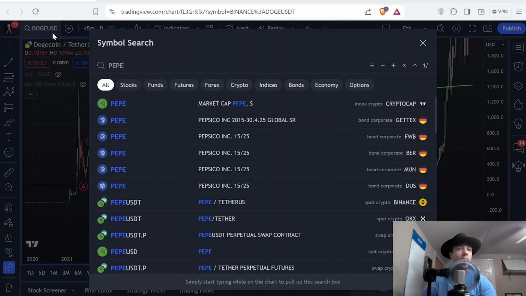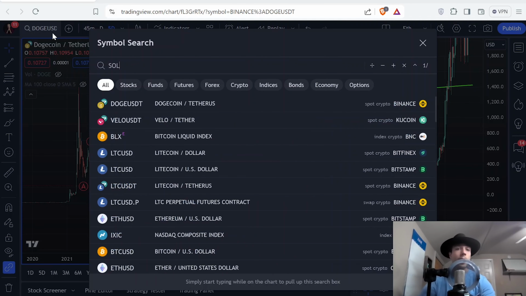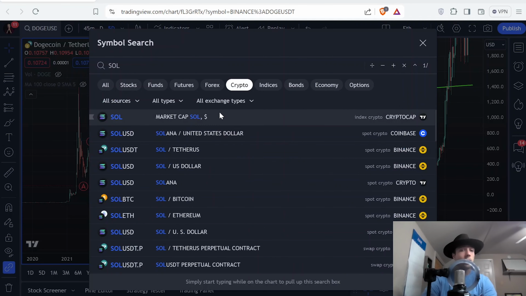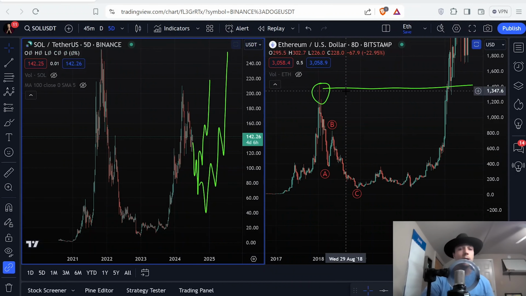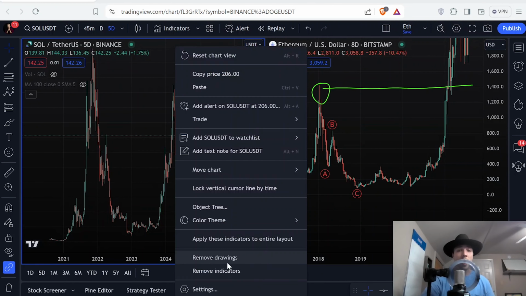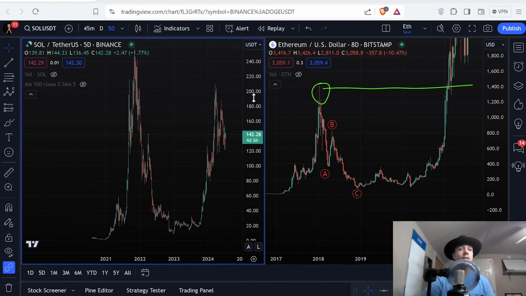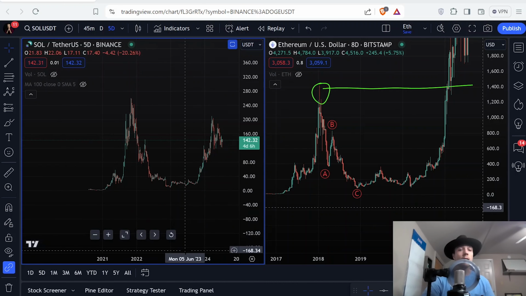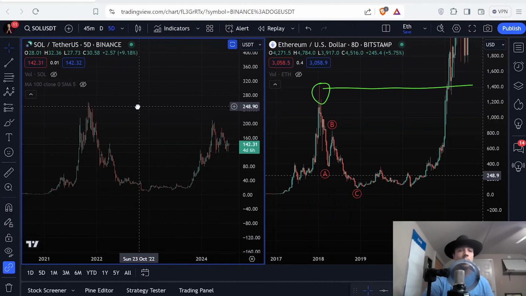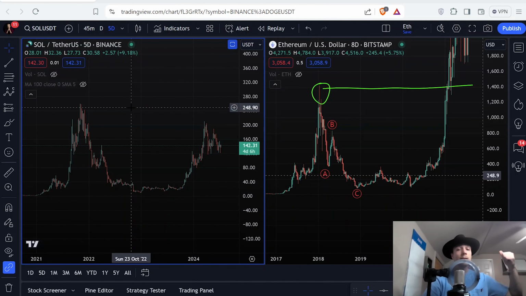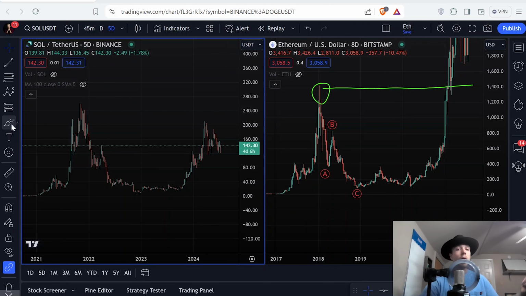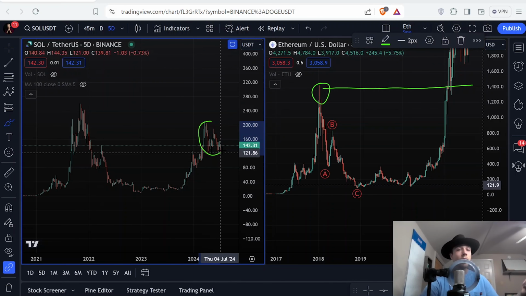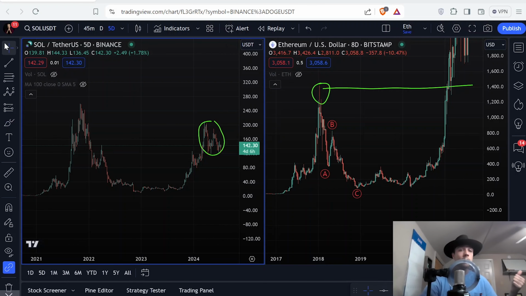With that being said, I also think that a bunch of different coins are going to be really bullish, including Ethereum and Solana. And as you can see, Solana is also the same psychology as Ethereum back in the last cycle. So a lot of people are panic selling their Solana right here, but I think we're going to see more upside on Solana. I think we're going to break out.